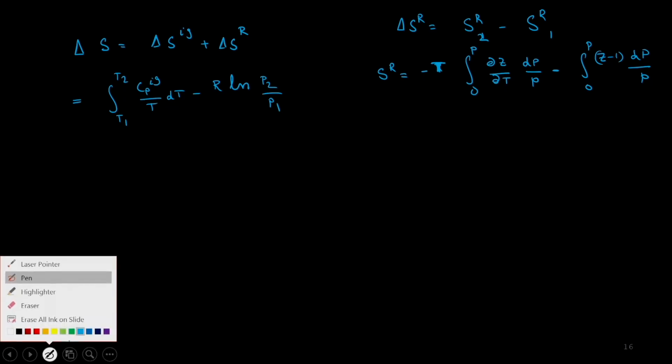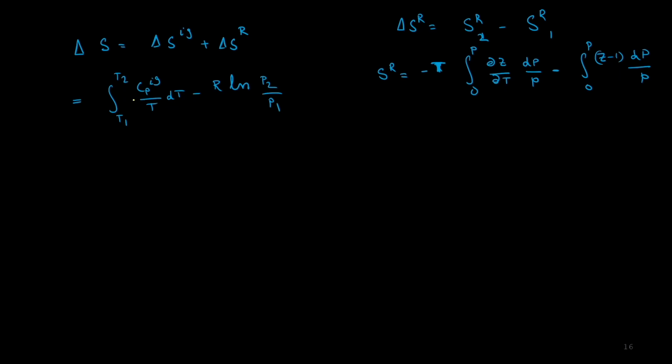So again, all I need to calculate delta S is this information for Cp ig and how Z changes as a function of temperature and pressure. Once I have those pieces of information with me, I can calculate delta S for any process.